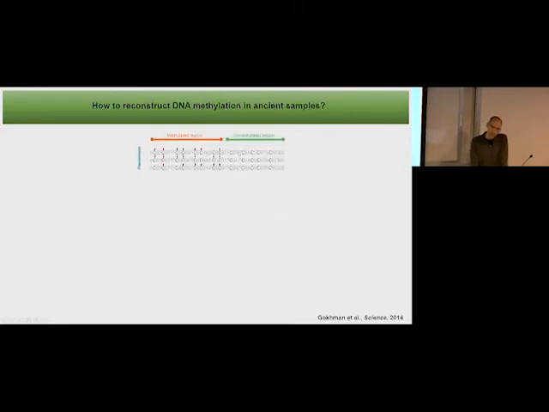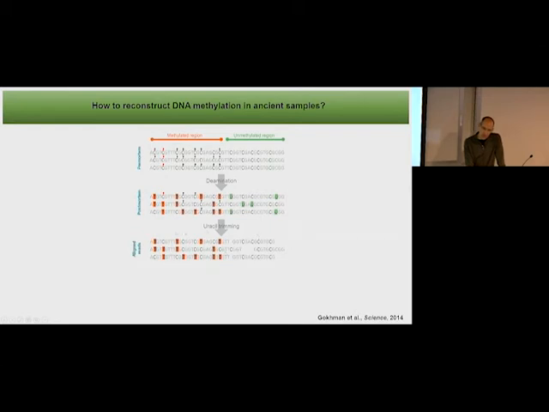Here is a pre-mortem DNA sequence of, let's say, a Neanderthal. This is a methylated region, this is an unmethylated region. Now the person dies, and deamination takes place. So some of these methylated Cs will turn into Ts, some of these unmethylated Cs will turn into Us. And then of course now you pick it up from the cave, you extract DNA, and then during the library preparation, you remove the uracils.